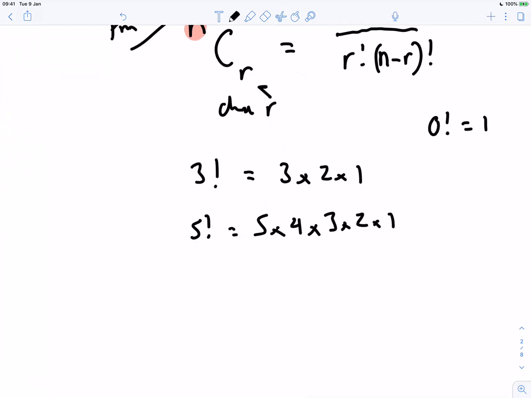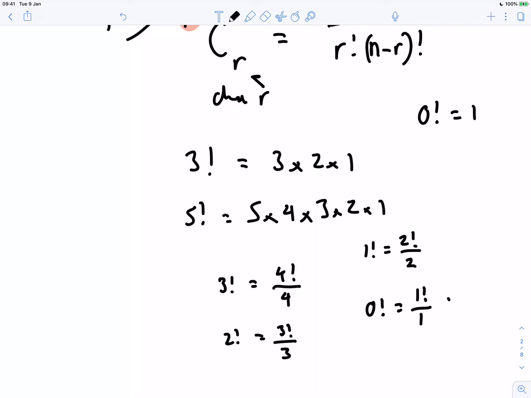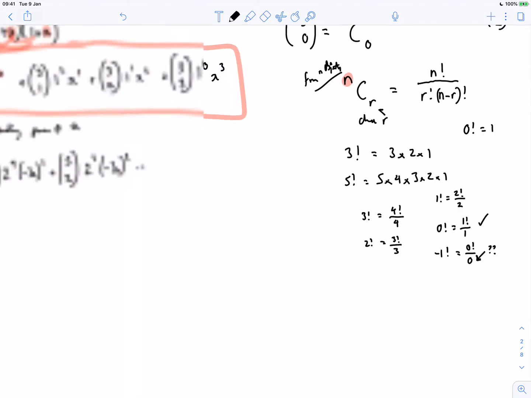The reason for that is because you can play a game, for example, 3 factorial is just 4 factorial over 4, 2 factorial is 3 factorial over 3, 1 factorial is just 2 factorial over 2, and then by similar definition, 0 factorial is just 1 factorial over 1, and that's perfectly defined. You can't go into negatives, because if you kept playing that game, minus 1 factorial will be 0 factorial over 0, and dividing by 0 causes a few confusions.